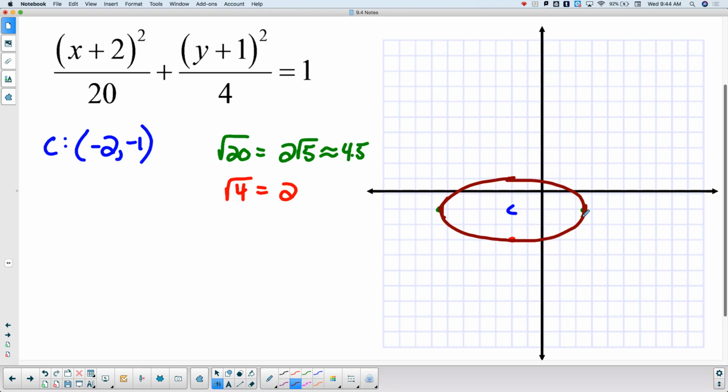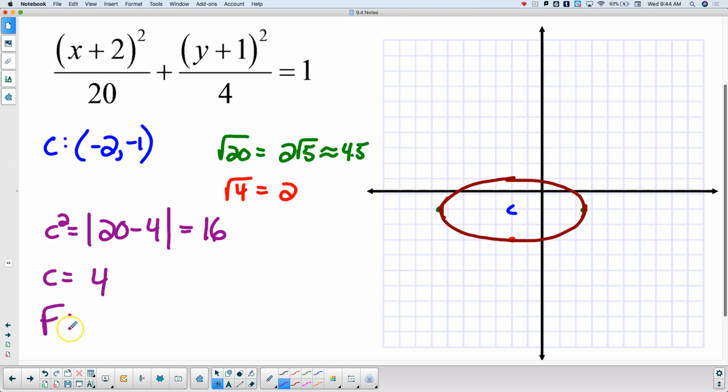Okay. All right. Foci. C squared is equal to what? What is 20 minus 4? 16. So C is 4. Okay. Sophia, back to your question before. Because C is 4 here, we can actually find the actual points of the foci.